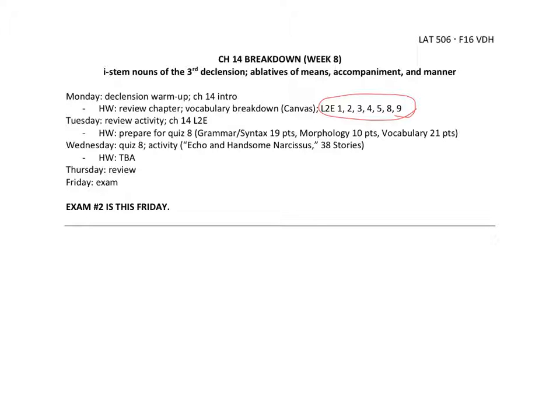Tuesday, we'll go over those sentences. Your homework for Tuesday night, of course, will be to prepare for the quiz on Wednesday. Then we'll be doing a very fun Latin story after the quiz on Wednesday, Echo and Handsome Narcissus, which I mentioned briefly the other day. And then Thursday will be set aside completely for review, and Friday is, of course, the exam.